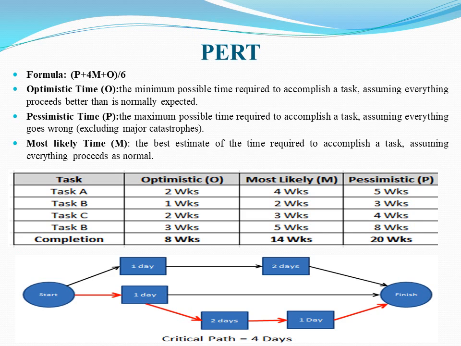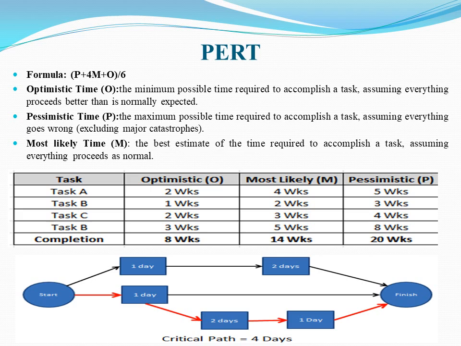PERT formula: P plus 4M plus O divided by 6. O for optimistic time, P for pessimistic time, M for most likely time. You can see in this example tasks A, B, C, D. Task A: optimistic 2 weeks, most likely 4 weeks, pessimistic 5 weeks.